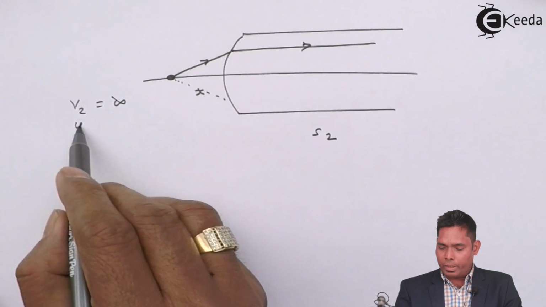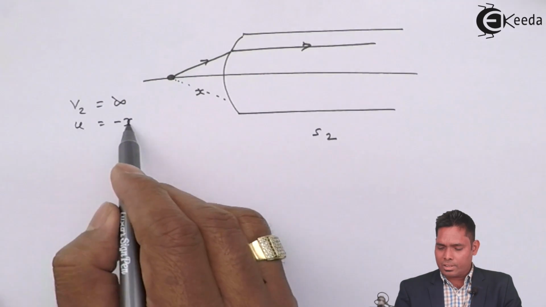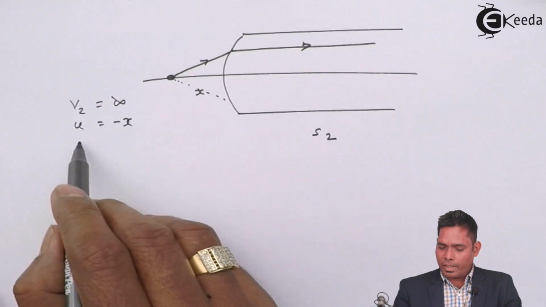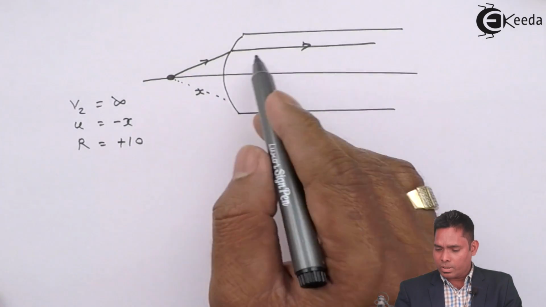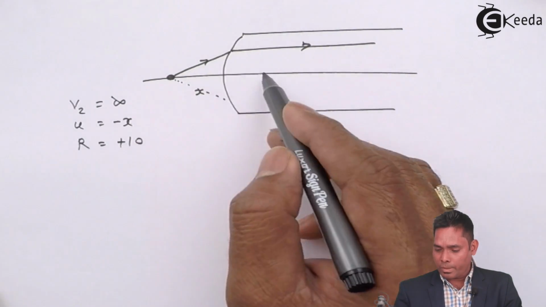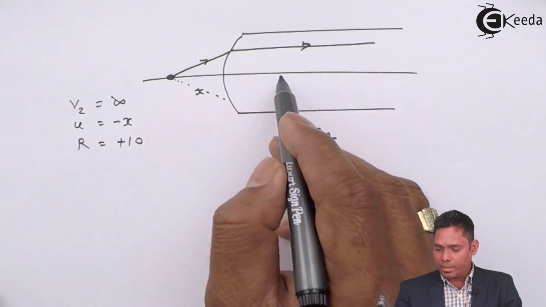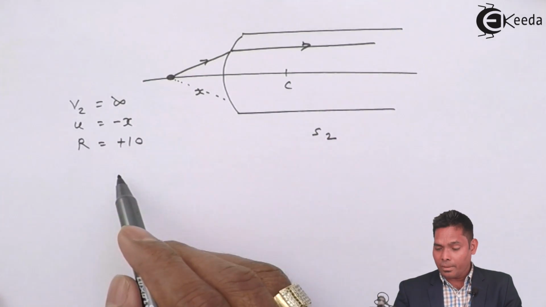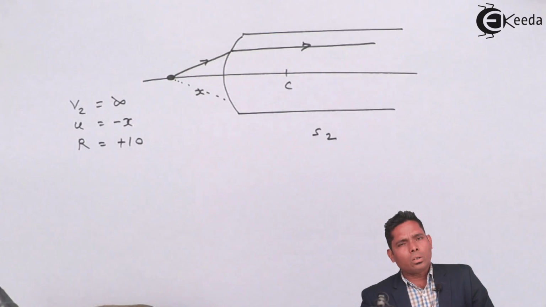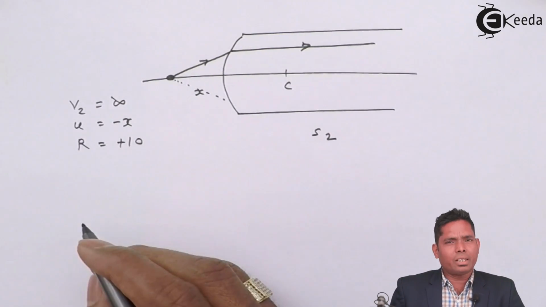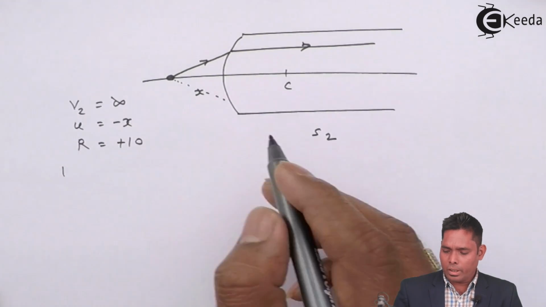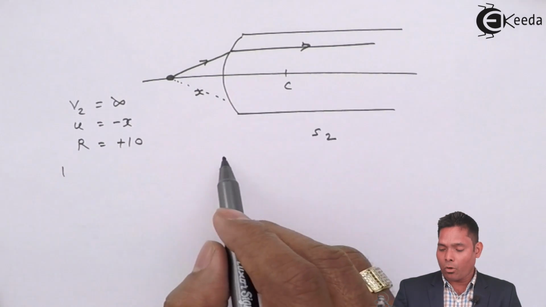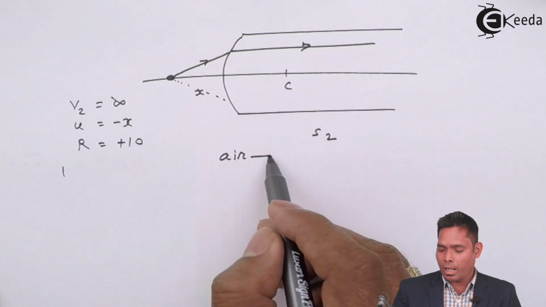The u value here is minus x. The radius of curvature will be plus 10 because it is towards right. Radius of curvature will be somewhere here. This side is the center of curvature, say. Using the same formula again, here the ray is traveling from air to glass.